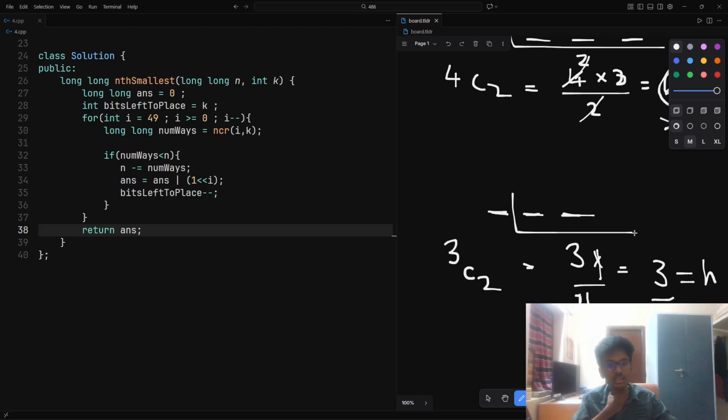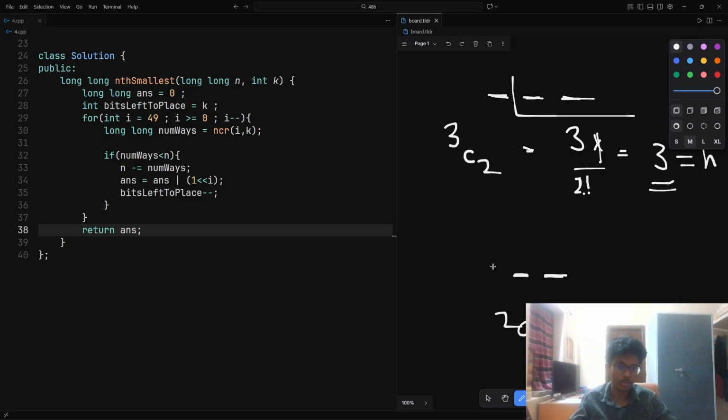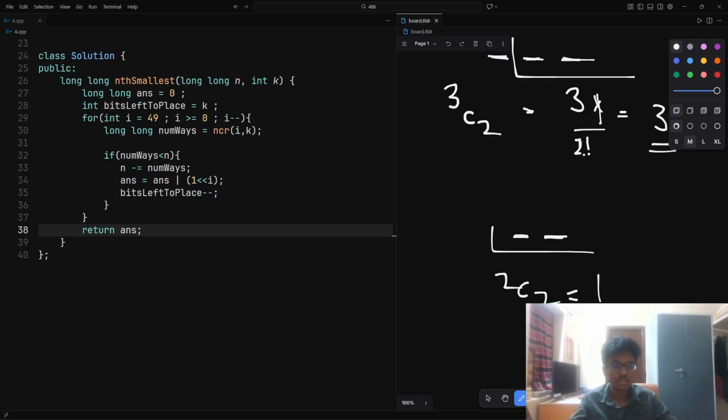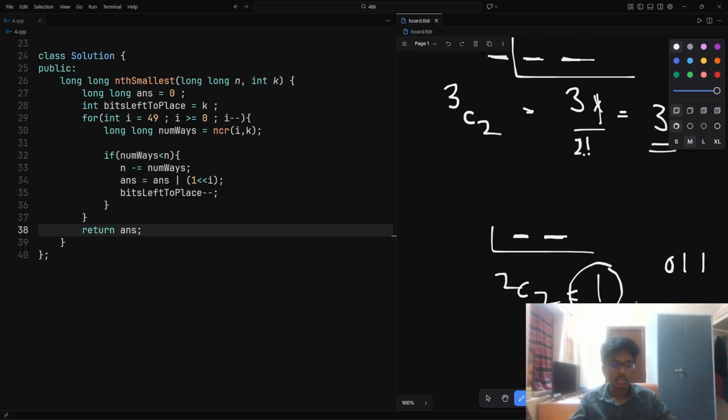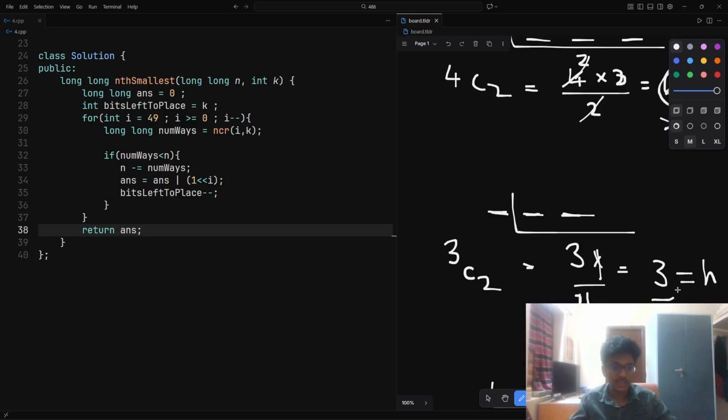So till it's 3 blanks, we had enough number of ways. We had 3 number of ways, which is enough. When we came to the 2 blanks case, we have only one possibility. That means we don't have enough numbers. We have only one number, that is 0, 1, 1, which is not the right one. You should have at least 3 numbers.